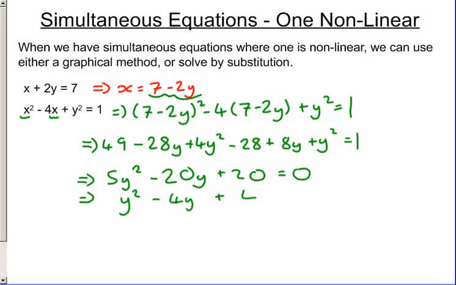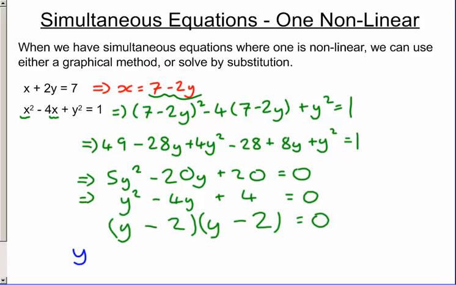And that makes factorising a lot easier, because we have y now instead of 5y, so y and y, they multiply to make 4 and add to make minus 4, that's minus 2 minus 2. That means that y is equal to 2, and so x, we substitute back in, and we get x is equal to 3.